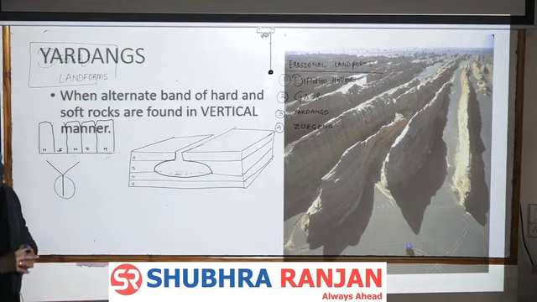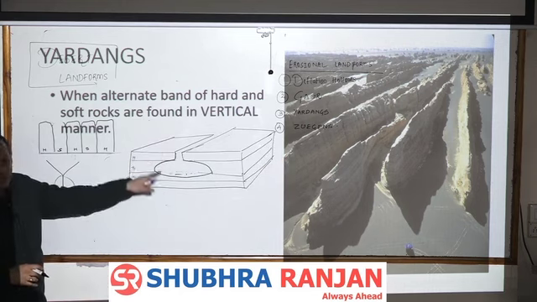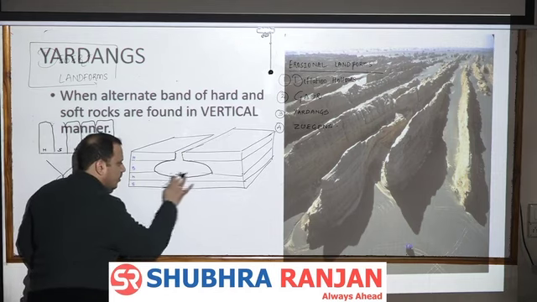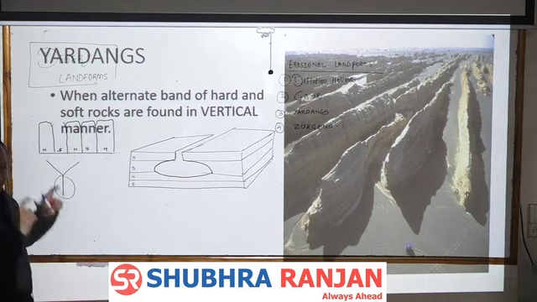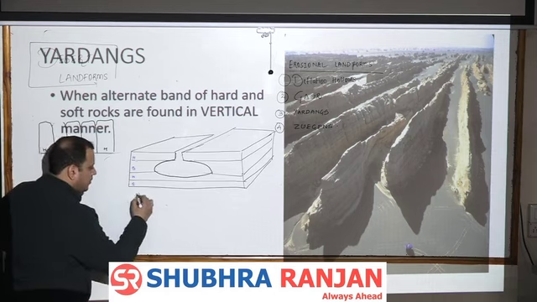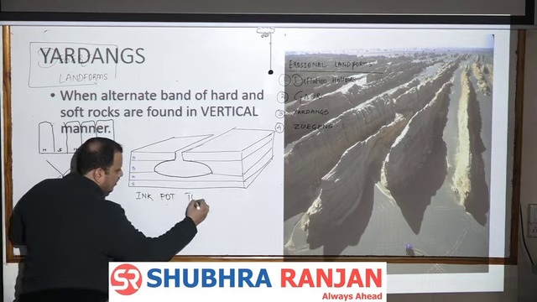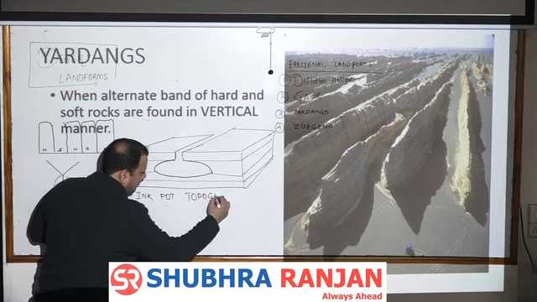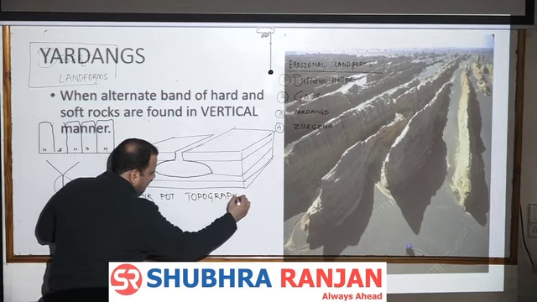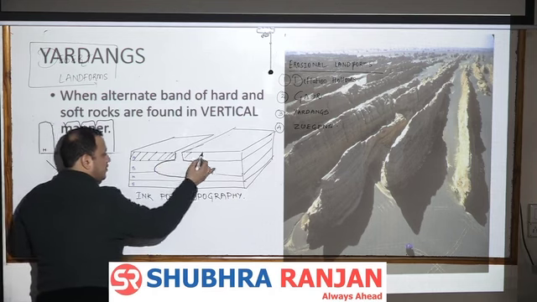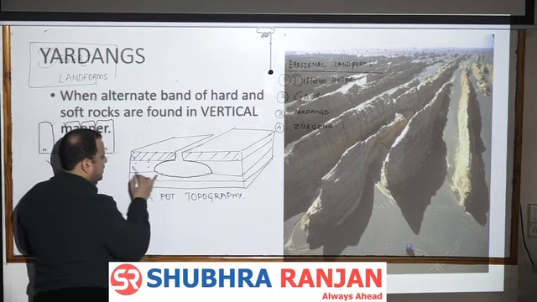Getting it? So this is the Zeugens, that is when the hard and the soft rocks lie in horizontal manner, and because of their appearance like this, they are known as ink pot topography. Because the hard rock is less resistant to erosion, the soft rock is easily eroded.